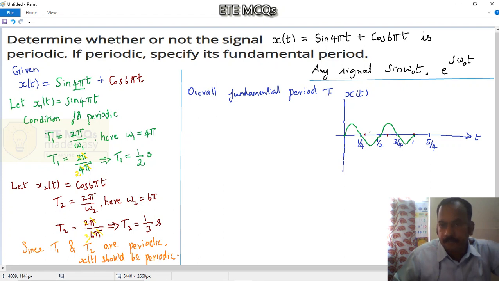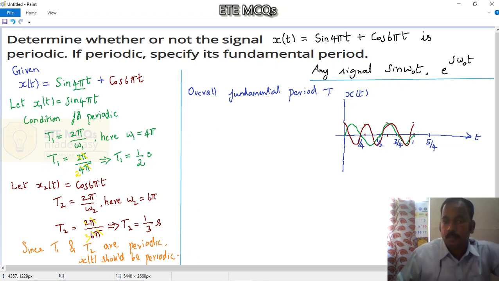The given signal is a cosine waveform. So this is the first period, the second period, and the third period. You can notice that both the signals have a common fundamental period 1.